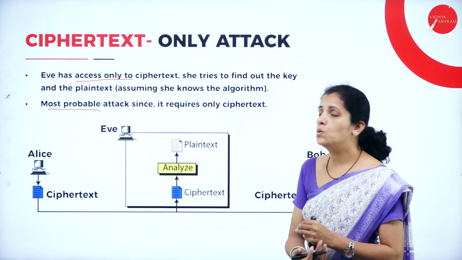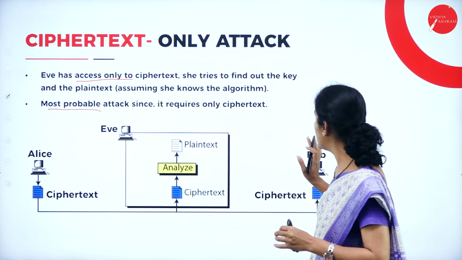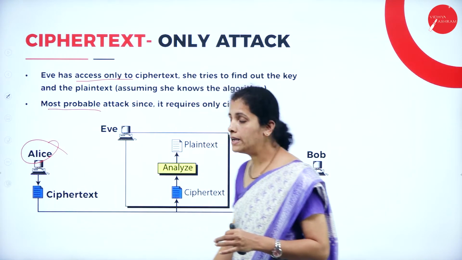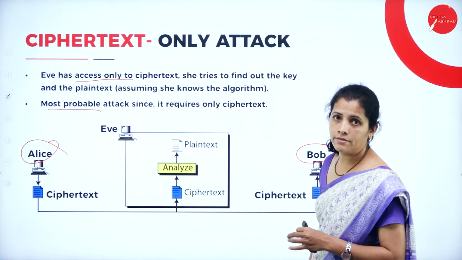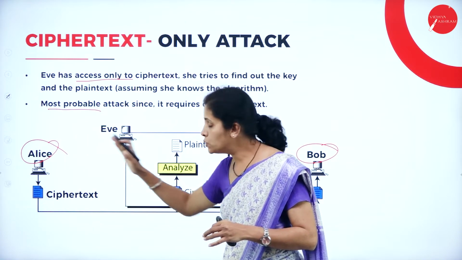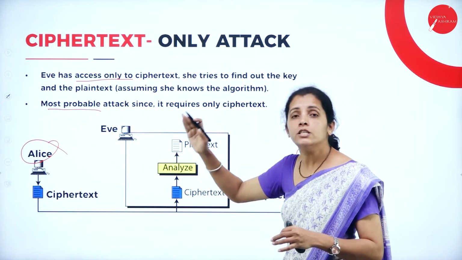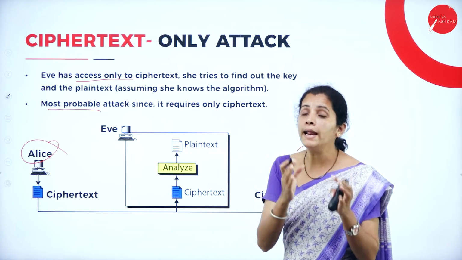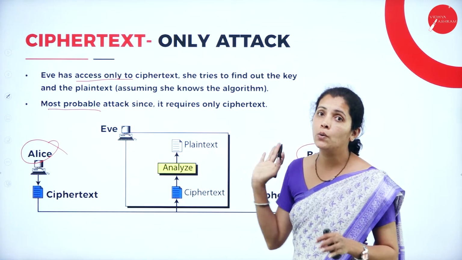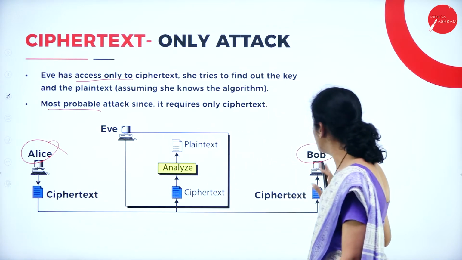So this is the most commonly happening attack. It requires only ciphertext. Now see here, I have a sender as well as a receiver. Alice is my sender and Bob is the receiver. Alice is going to send some message to Bob. Before sending the message, she converts the plaintext to ciphertext by applying some encryption algorithm along with the key. Now the ciphertext is sent to Bob.